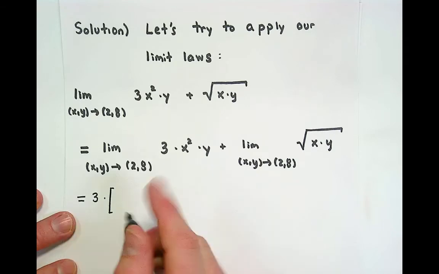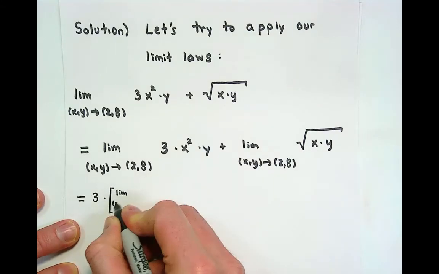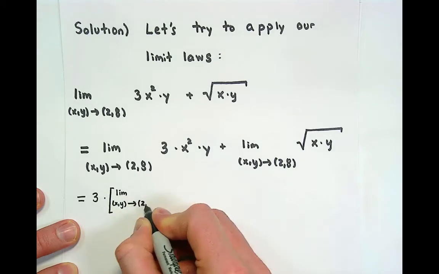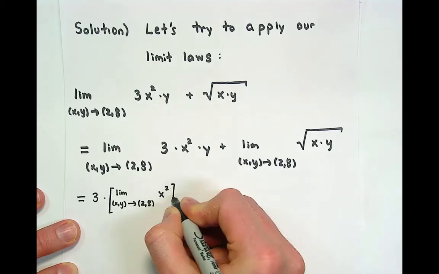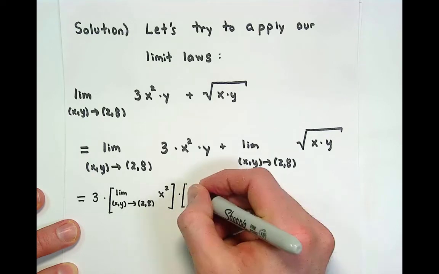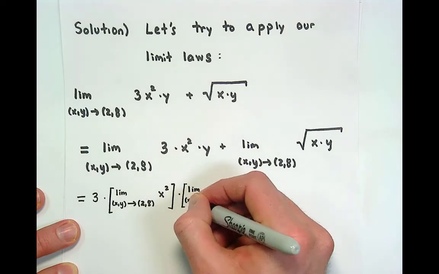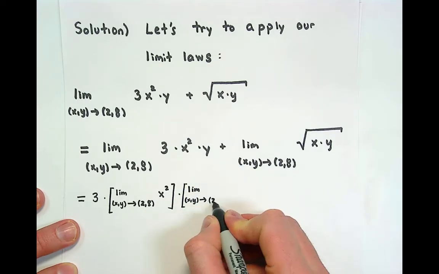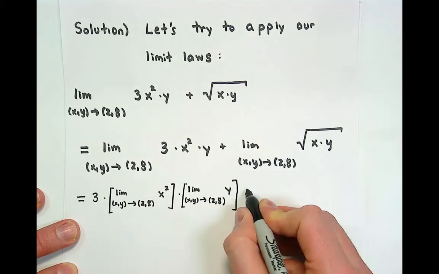So here I'm bringing the constant multiple out, and then I say that this is the limit as (x, y) approaches (2, 8) of x squared. And then my product here would look like bringing the limit inside. So the limit of the product is equal to the product of the limits. So this is the limit as (x, y) goes to (2, 8) of y.